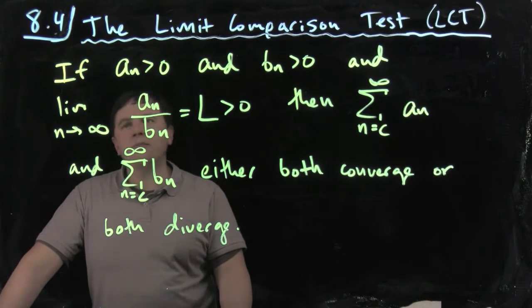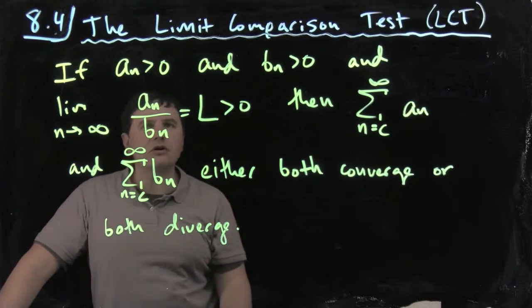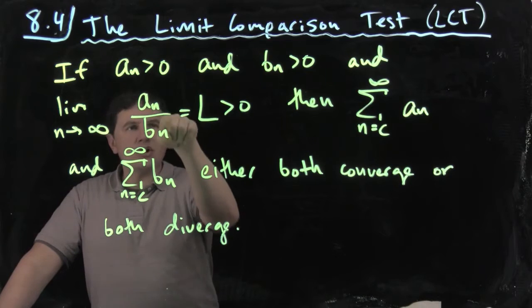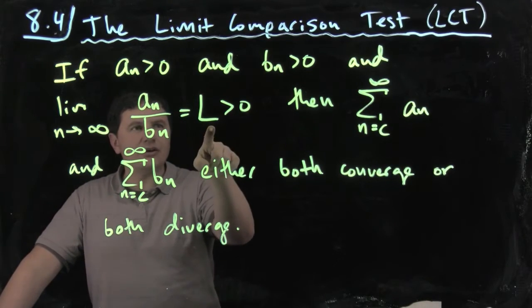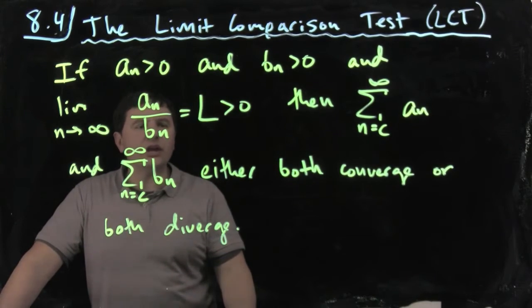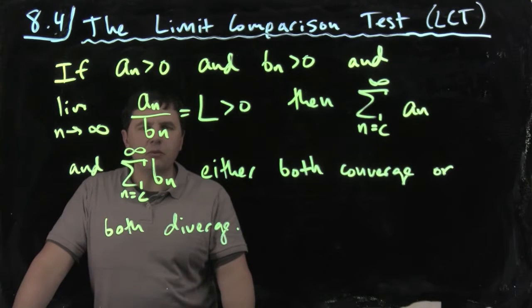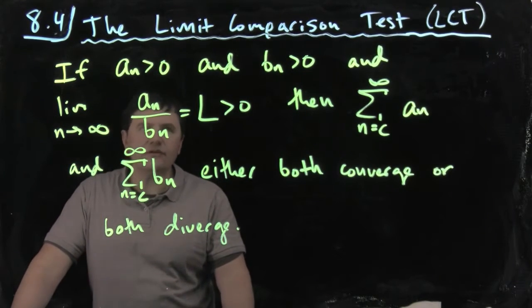So what we do when we compare them is we limit them to infinity as a ratio, 1 over the other. Once again, it doesn't matter which one goes on top. As long as we get a value that's not 0 and non-infinity, then we can use those interchangeably in our proof. So they're either both going to converge or both diverge. Okay? And that is the limit comparison test.